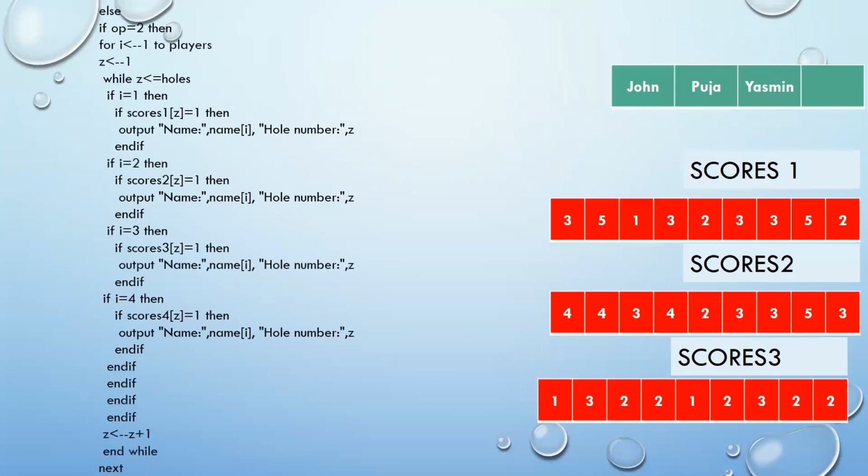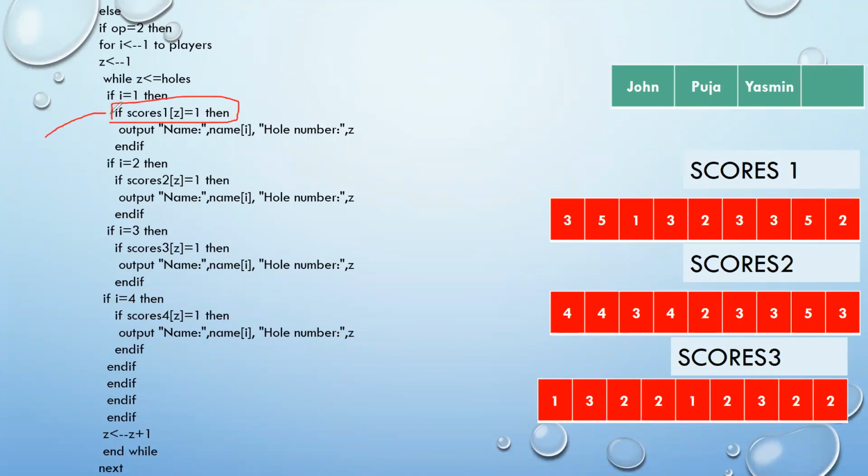This is the pseudocode. If the user chooses option 2, again, there'll be multiple loops. If you look at this loop closely, you'll find that this entire pseudocode is the same as the option 1 pseudocode. The only difference here is that rather than displaying all the answers, we are displaying answers only for those where the score is 1.